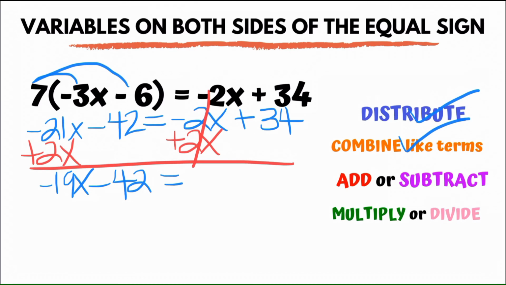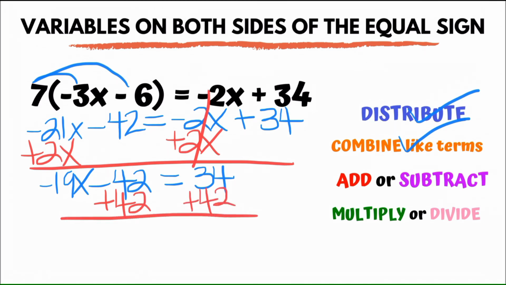Remember, we've got to take this one step at a time. We don't want to confuse Aunt Sally. Now I can move my numbers to the right, to the opposite side. As long as everybody is on their own side, this will work. Whenever I do that, I get negative 19x equals 76.